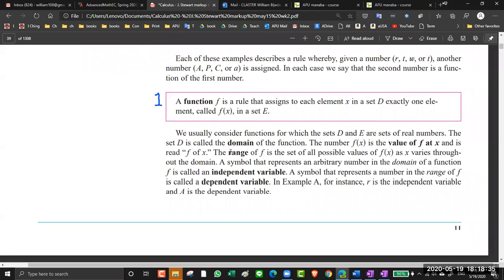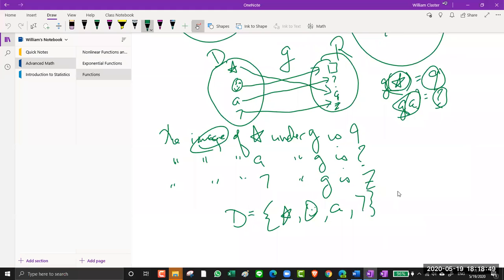The range of F is the set of all possible values of f of x as x varies throughout the domain. One thing I almost always forget is, suppose we had a few more values here, like T in here and one more, say, 8.